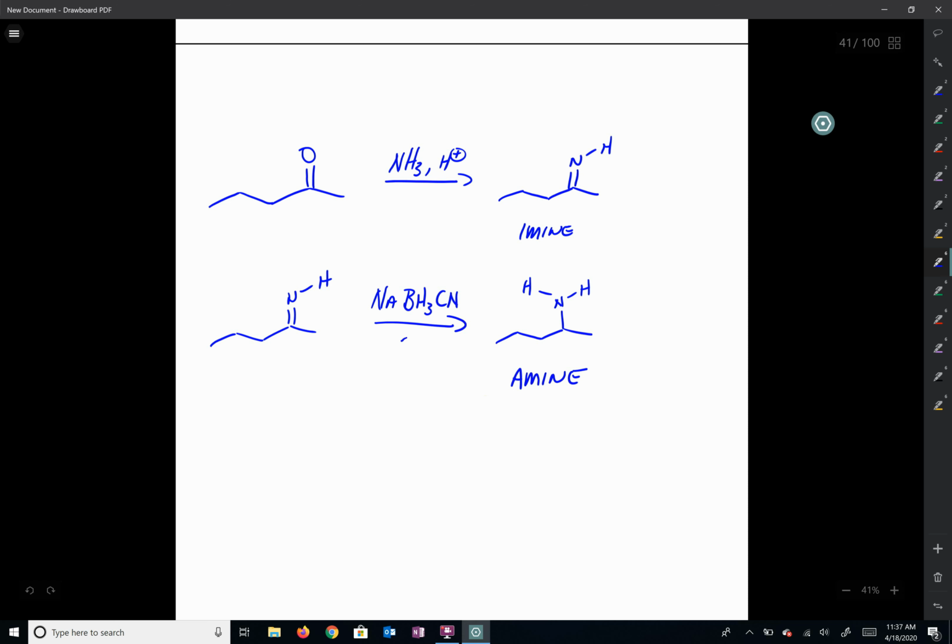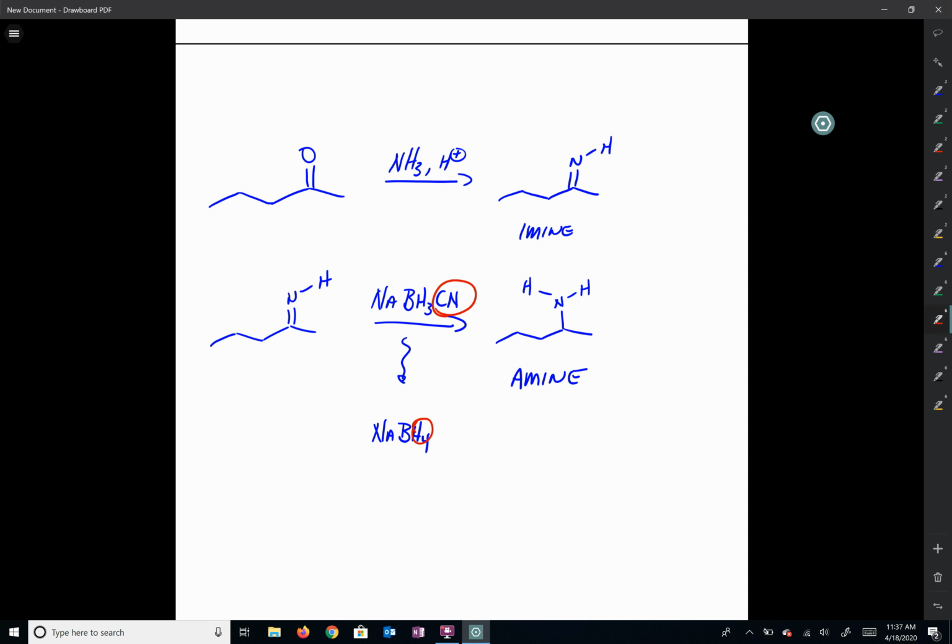So sodium cyanoborohydride is just a cousin to sodium borohydride. And if you remember, sodium borohydride was useful as a selective reagent for reductions of certain carbonyl groups. As soon as we swap that cyano for one of the hydrides there, we change the reactivity of this.